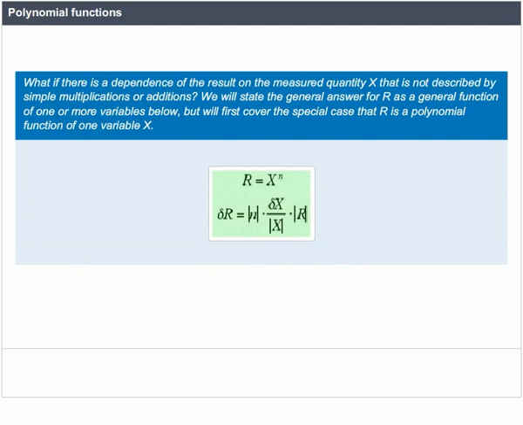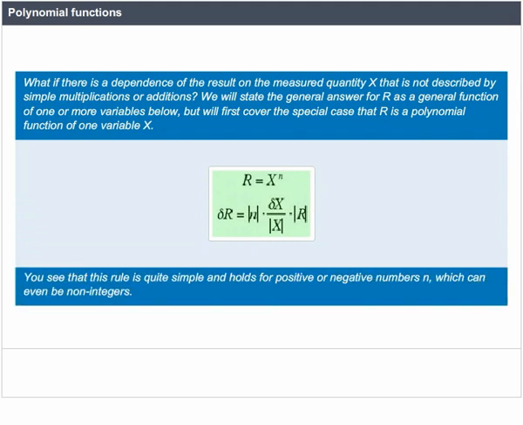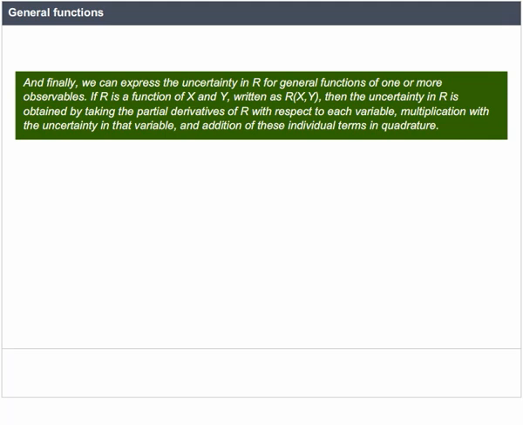Then delta r equal to modulus of n into delta x by modulus of x into modulus of r. You see that this rule is quite simple and holds for positive or negative numbers n, which can even be non-integers.